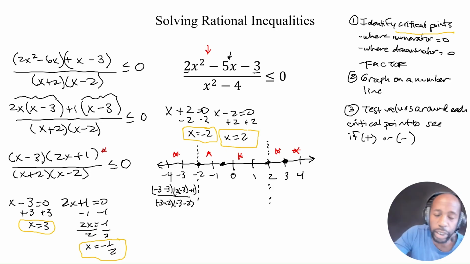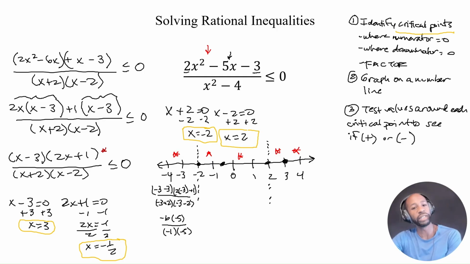That ends up being negative 6 times negative 5, over negative 1 times negative 5.